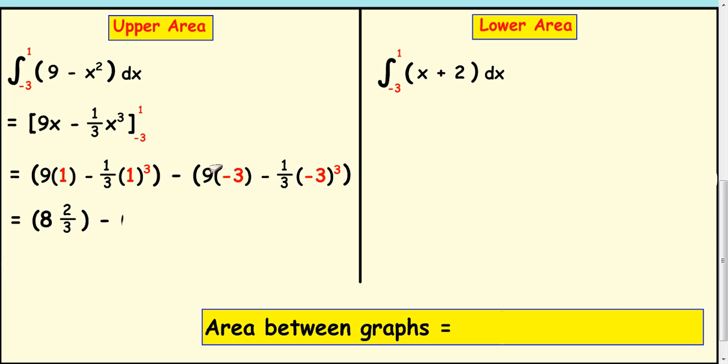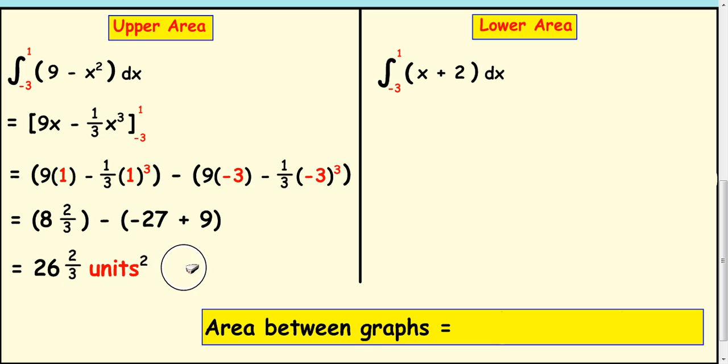This is going to come to -27. A third of -27 is -9, that's going to go to a +9. So -27 plus 9. And that comes to 26 2/3.